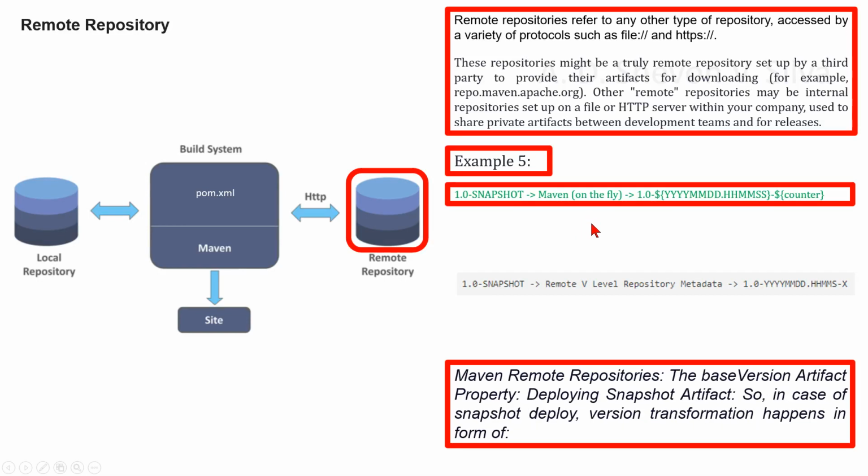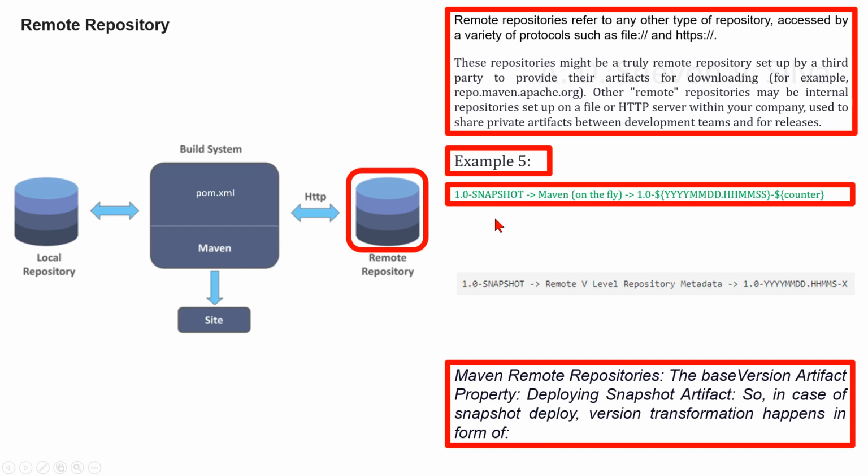Now we are considering deploying a snapshot artifact, the base version artifact property, in Maven remote repositories. In case of snapshot deploy, version transformation happens in this form.